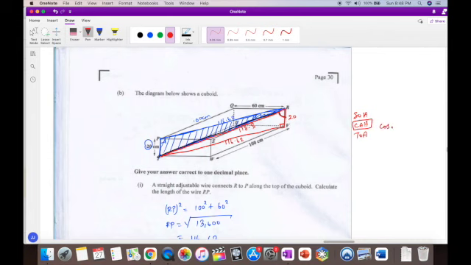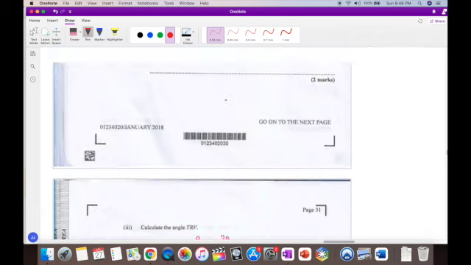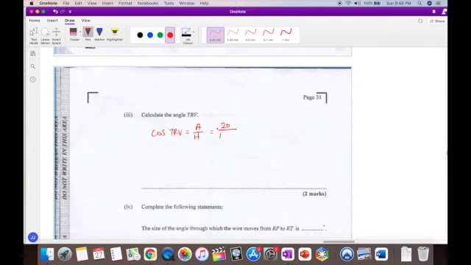Alright, cos of that angle at R is going to be the adjacent, which is 20, over the hypotenuse, 118.3. So the cosine of TRV is equal to adjacent over hypotenuse, which is 20 divided by 118.3.